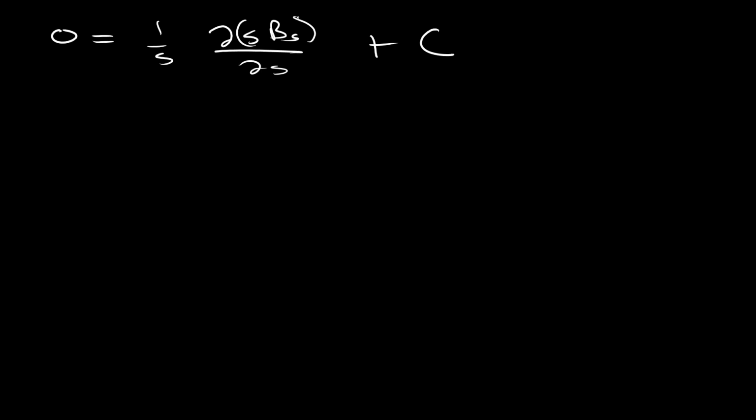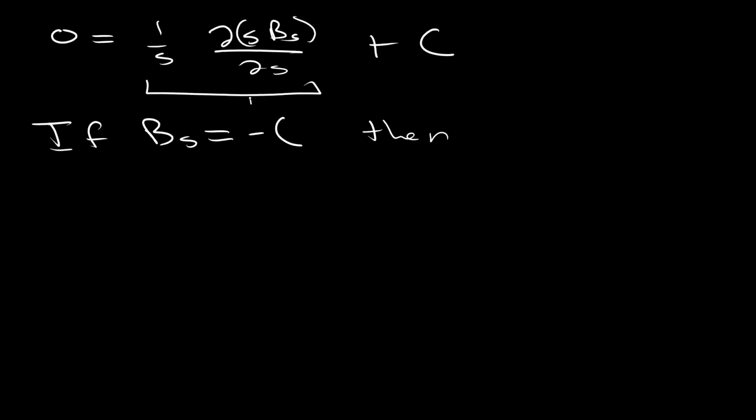So if we set B_s equal to a minus C, well, then we're going to get a minus C on S for our S component. That's obviously not going to result in 0, so that doesn't work.